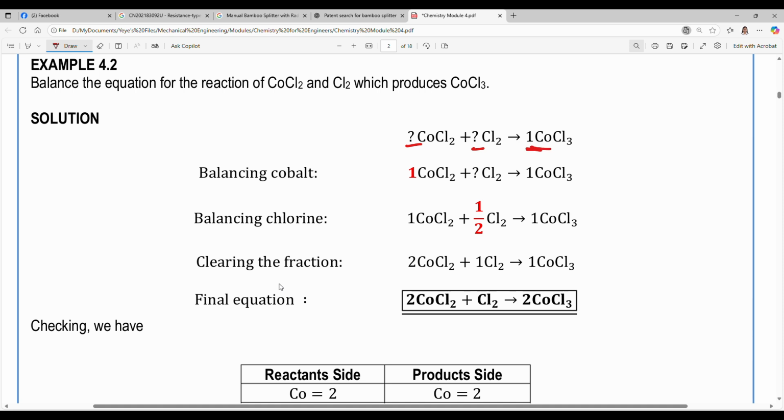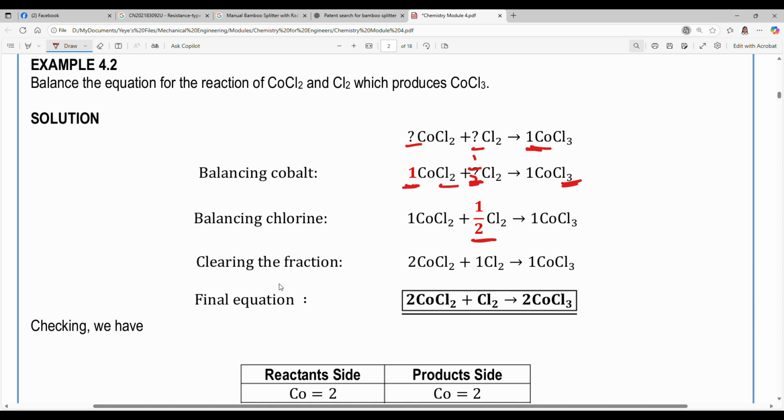Okay, so your cobalt is 1, so you write here 1. Your chlorine is 3. Looking at the reactant side, your chlorine is 2 plus what coefficient for this to equal 3, no? So you write here 1/2, because 1/2 times 2 equals 1 plus 2 is 3. So that is the 1/2.